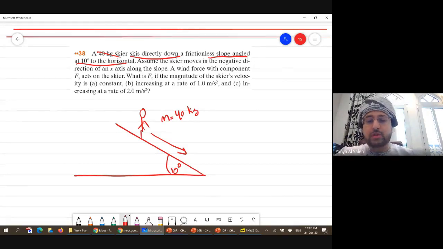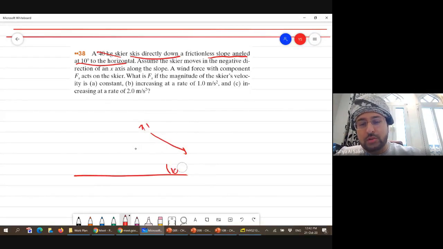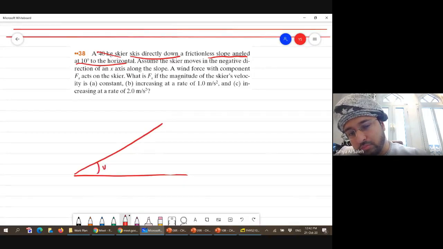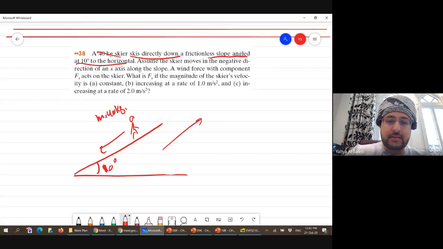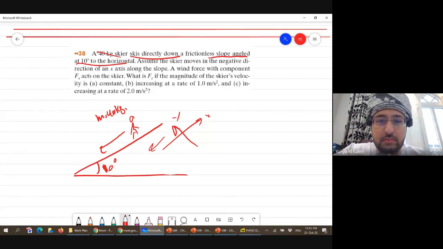Okay, so they want us to draw it in a very specific way. They want us to define the x-axis and the y-axis like this, and the skier is moving in the negative direction.